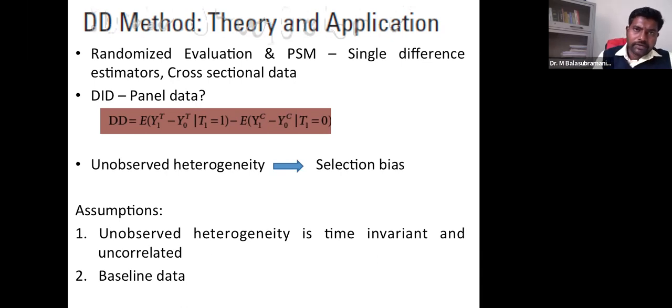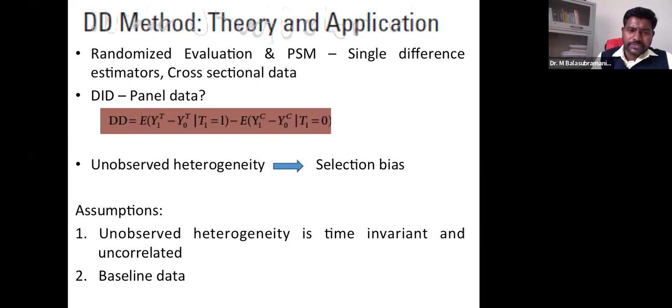It may be present, and the role of this unobserved heterogeneity will be taken care of in the double difference model. Because if you could not do this, it may lead to selection bias. If selection bias happens in your sampling and in your evaluation program, then our objective may not be achieved.